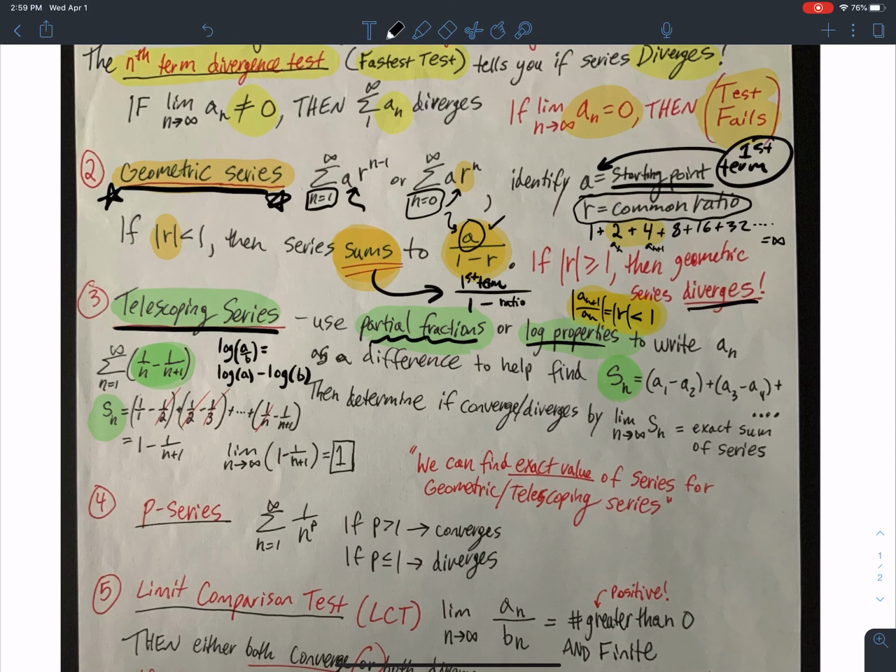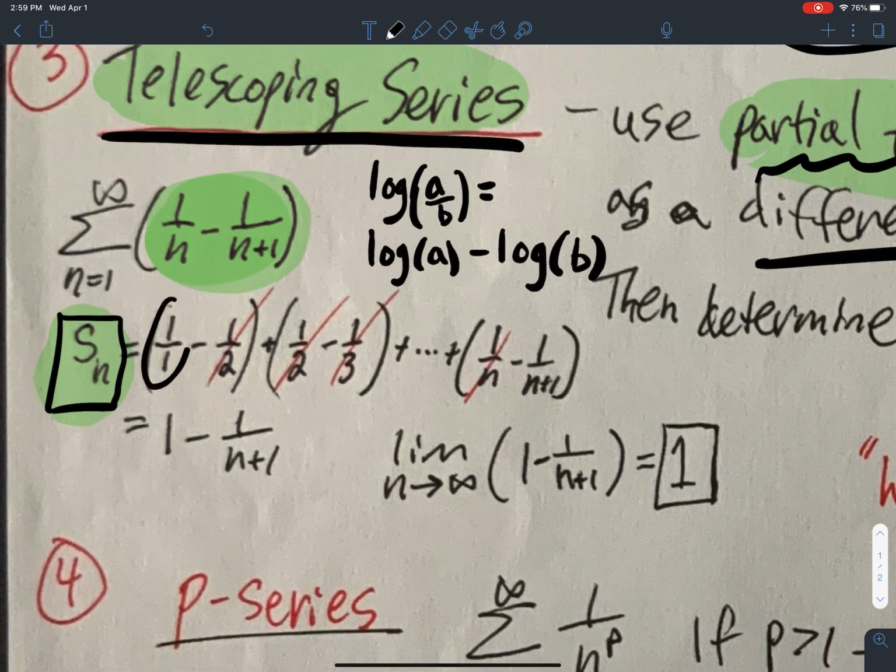And then you would write a_n as some difference to help you figure out how to write out your terms, kind of like that problem we did, where the first term survived, but this term right here got killed by something in the future.